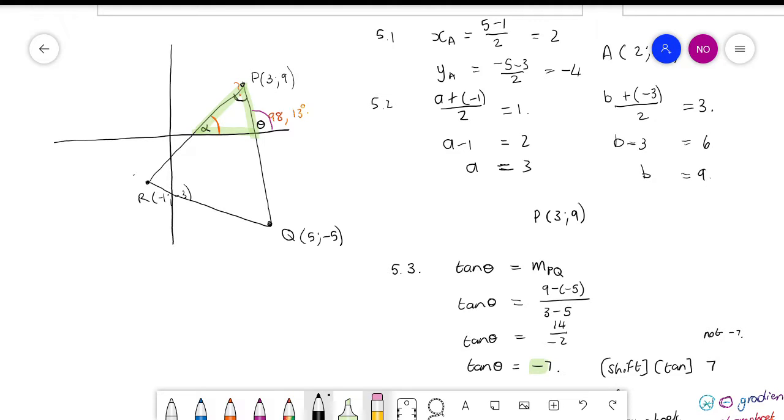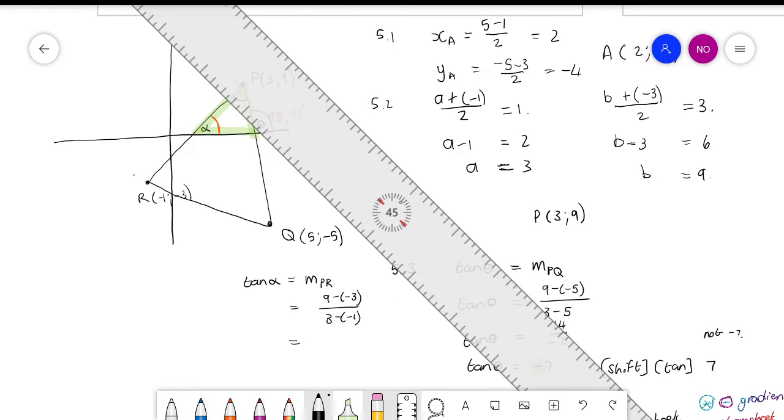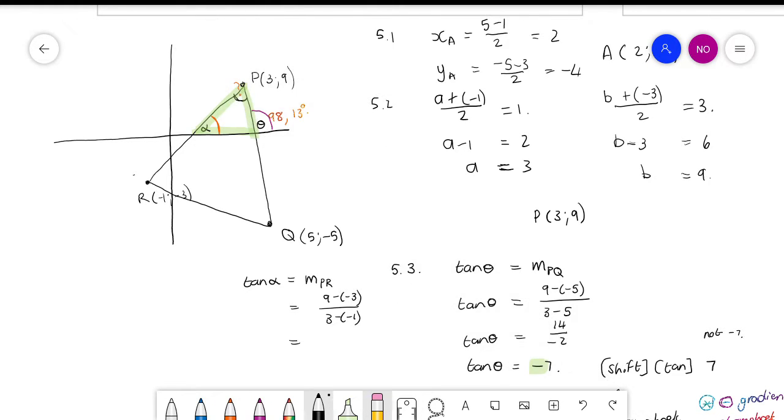And then we say tan of alpha will be equal to the gradient of the line PR. So now we say it's 9 minus 3 over 3 minus 1. For that we have 12 over 4, which is equal to 3.